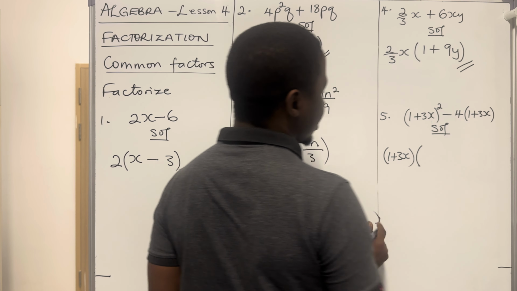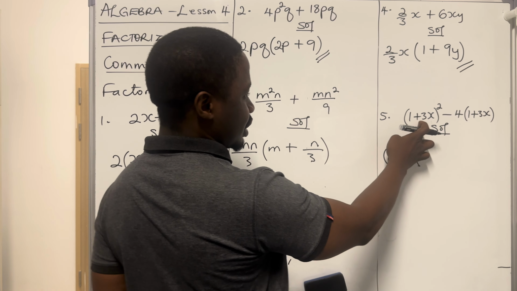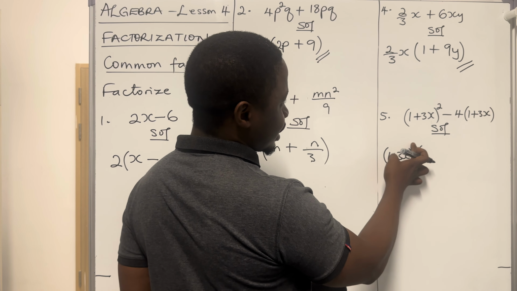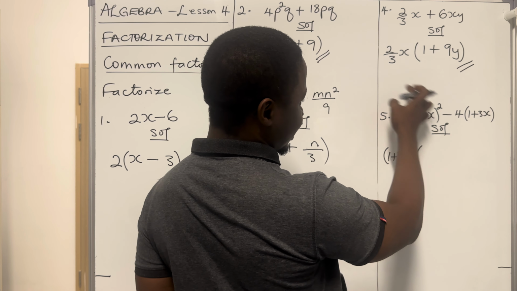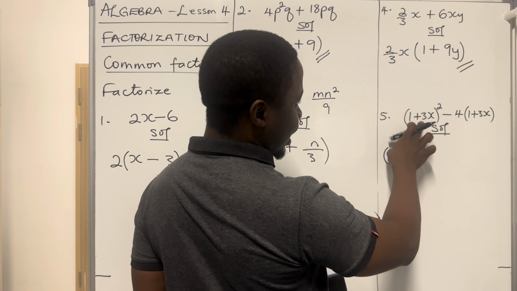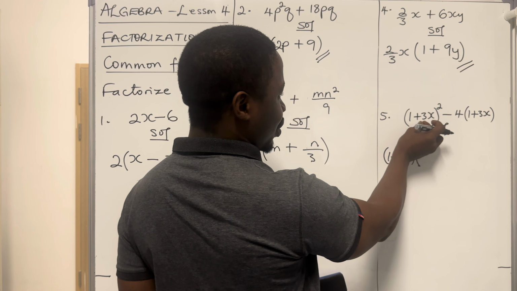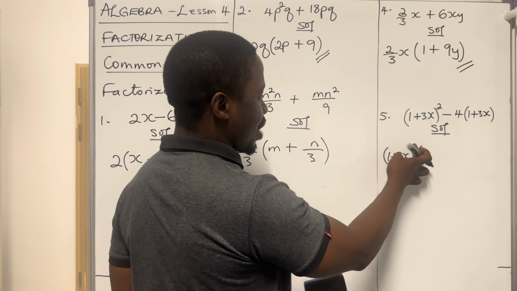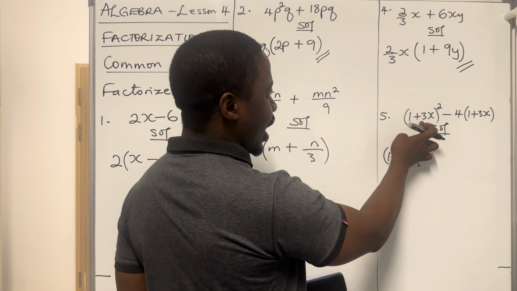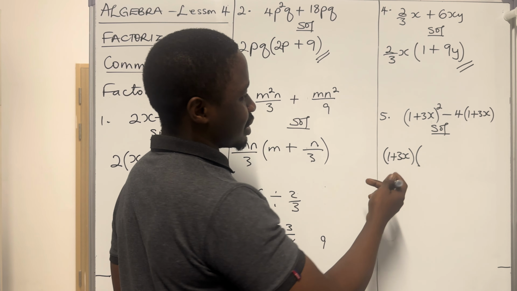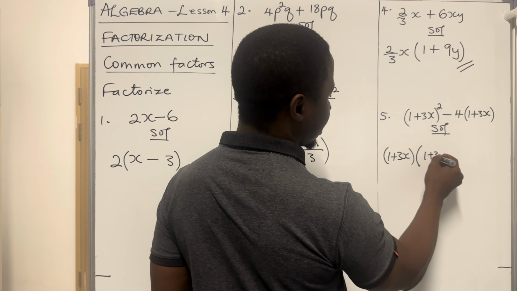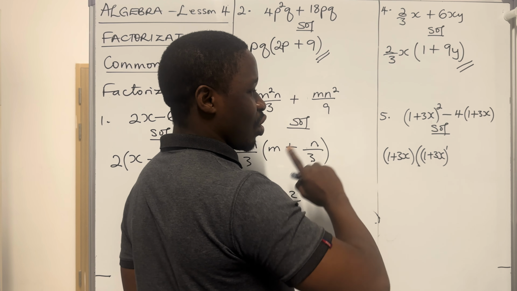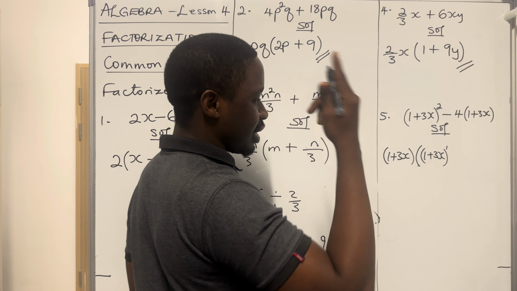Okay. So this 1 into this simply means this single bracket takes away one bracket here. And you can see there will remain one bracket because here we have two pairs of brackets and here we have one pair of brackets. So if this one takes away one, there will remain one pair of brackets, which is 1 plus 3x to the power 1. No longer 2 because this has taken the one set.